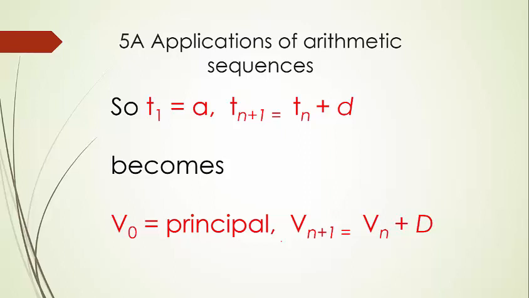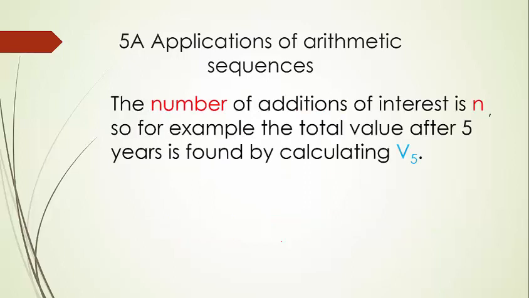So pretty much the same, it's just that you put the starting amount as the 0 term before any interest is added. The number of additions of interest will be whatever n is, so for example, the total value after 5 years will be found by calculating V5.